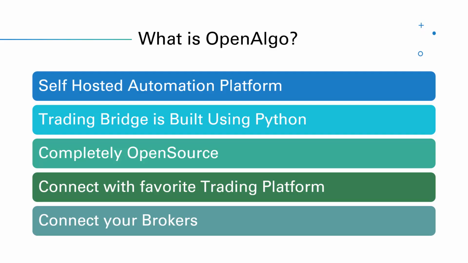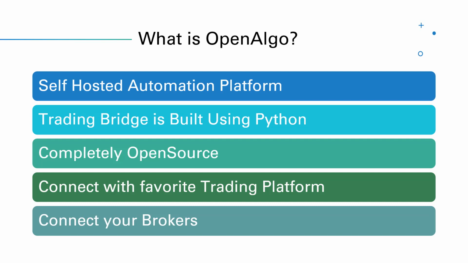OpenAlgo is basically a simple trading bridge. It is a self-hosted application, which means I can run OpenAlgo on my Windows desktop, a Windows server, a Linux server, or even an Apple MacBook, it doesn't matter.